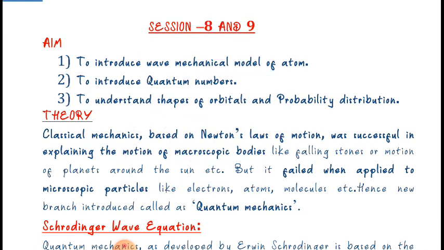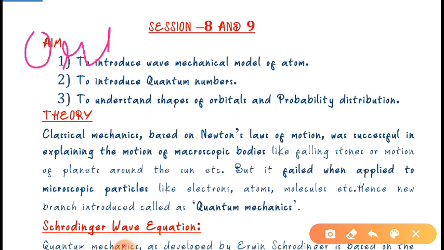We can conclude that each orbital is characterized by a definite shape, size and orientation, and can therefore be represented diagrammatically.